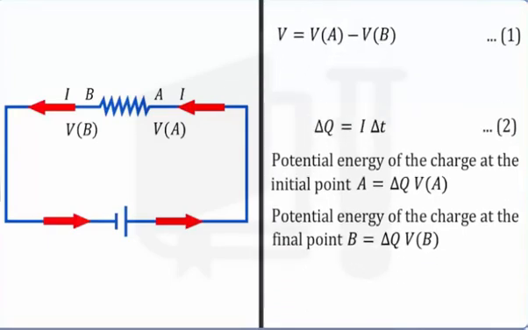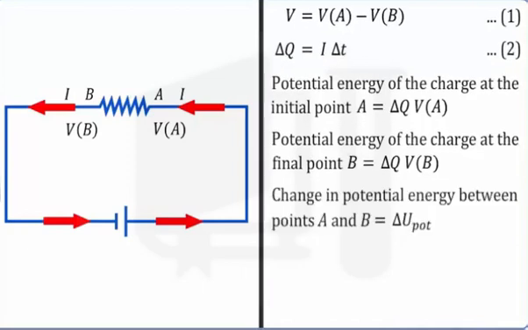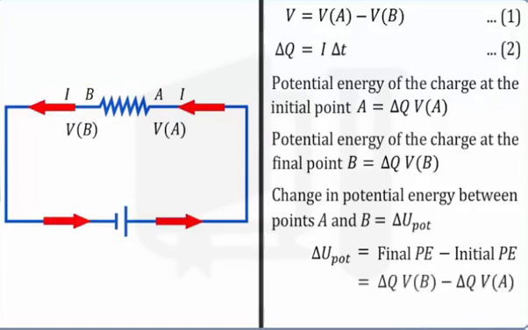A change in potential energy between points A and B is expressed as delta U potential, which is equal to final potential energy minus initial potential energy, which is equal to delta Q into (VB − VA). From equation 1, we know that V = VA − VB.